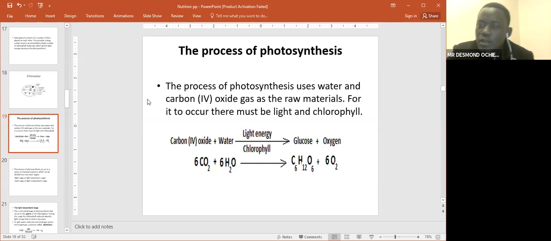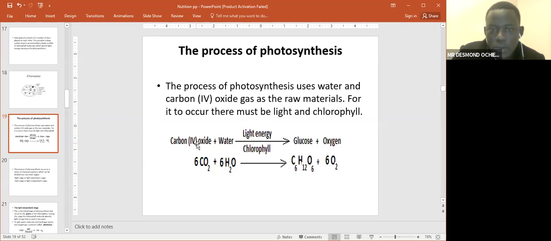Now, in some cases, you'll find people even including light energy or chlorophyll as raw materials. No, the raw materials are only water and carbon dioxide. Then the process occurs in the presence of light energy and chlorophyll.